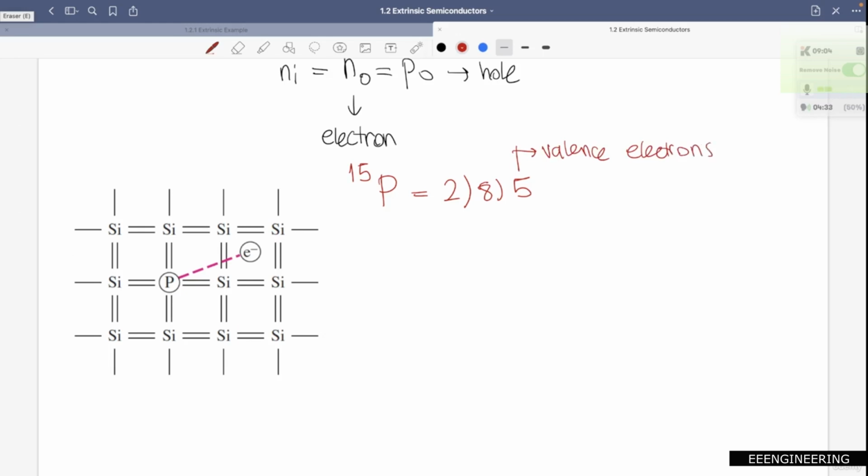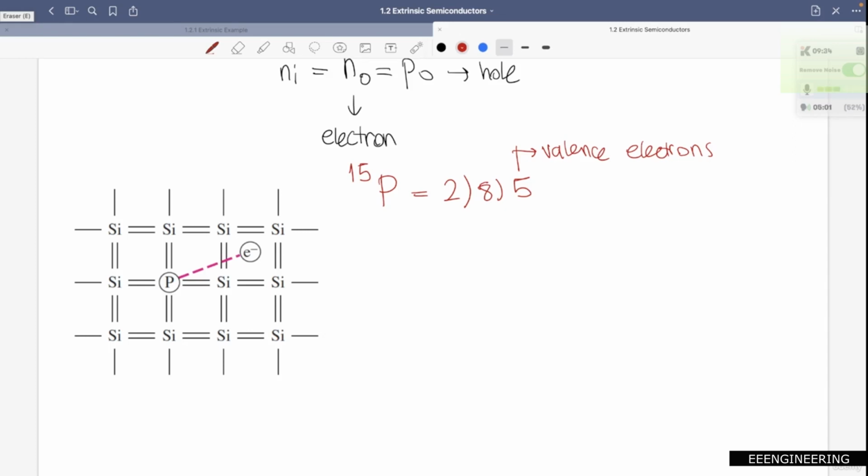Because the typical silicon atom had 4 valence electrons, which was sufficient to satisfy the covalent bonds over there. But this time we have 5 valence electrons. Yes, 4 of them are going to satisfy the covalent bonds again, but the problem is there will be 1 electron free. And that's the whole point, so you got the idea.